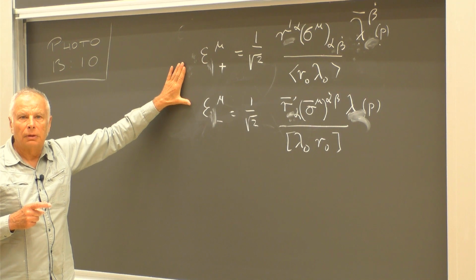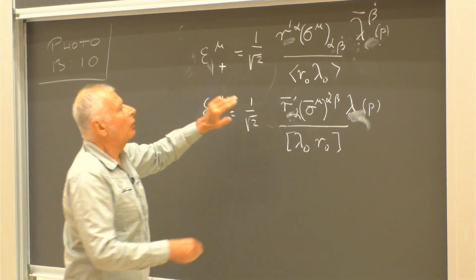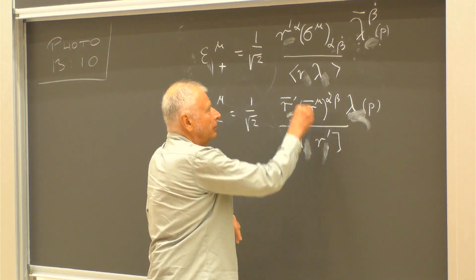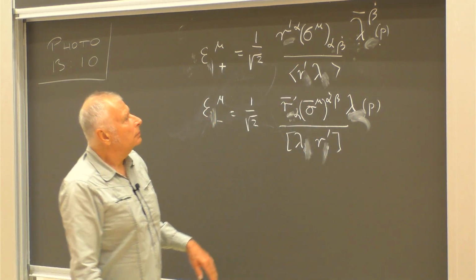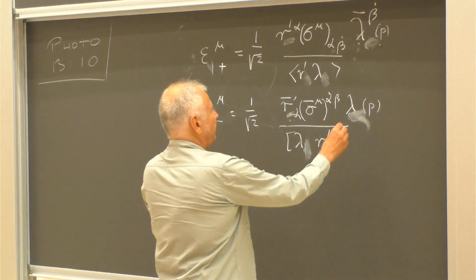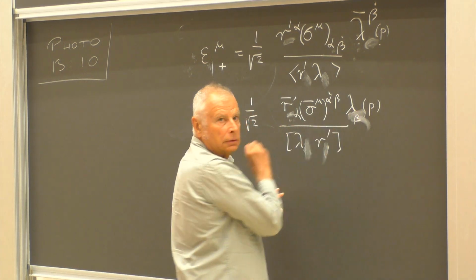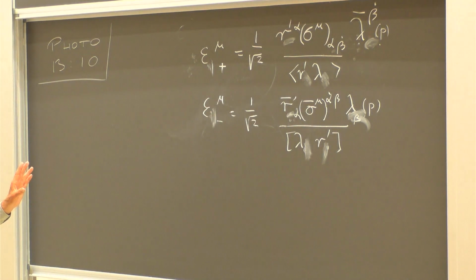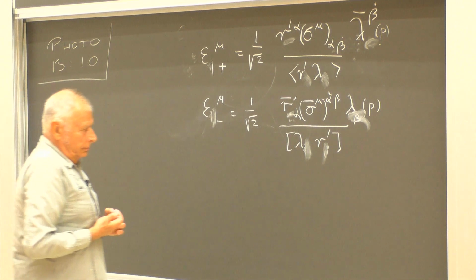Same brackets in the denominator. Which one? Yeah, I also have to change them too. This is R, and this is R prime. I think you're missing beta with lower lambda. Yeah, this is beta. The brackets are SL2 invariant anyway, so you didn't have to change them. Yeah, but I write it like that. That's correct.